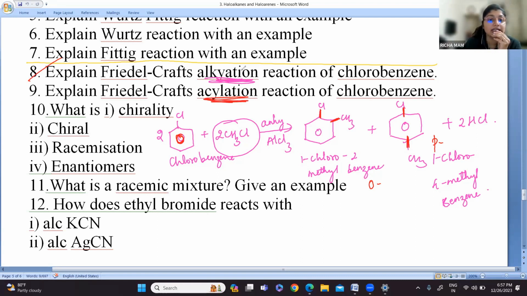Acylation is different, alkylation is different, so read the question properly and then answer. Explain Friedel-Crafts acylation reaction of chlorobenzene. I'll do the changes here itself, but this is the next question.